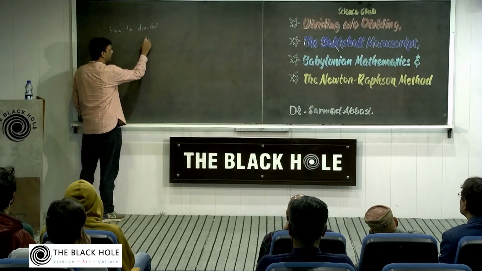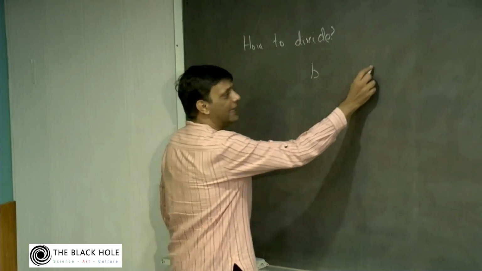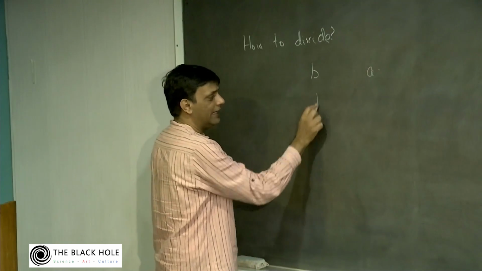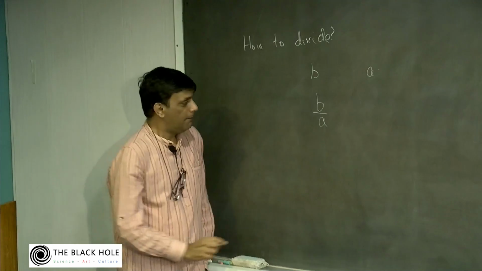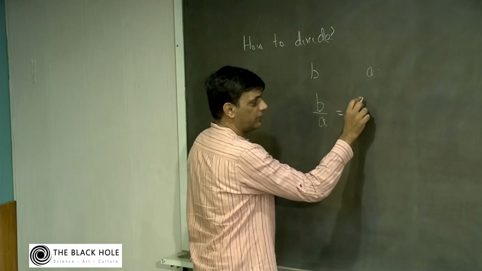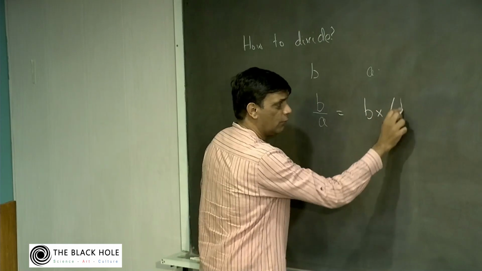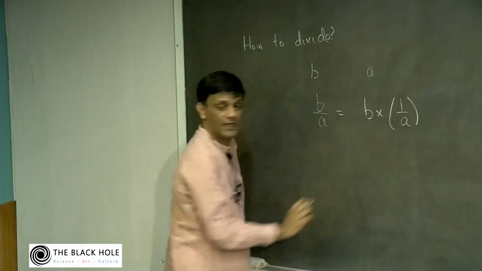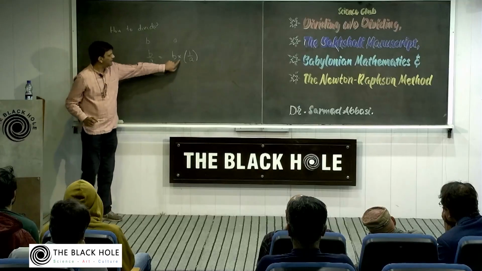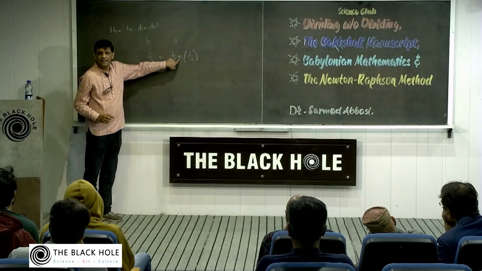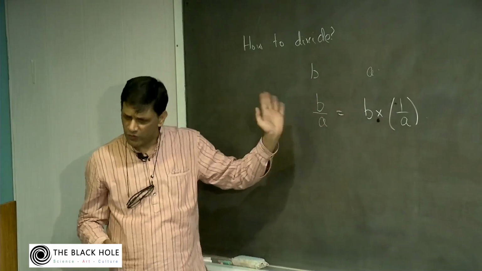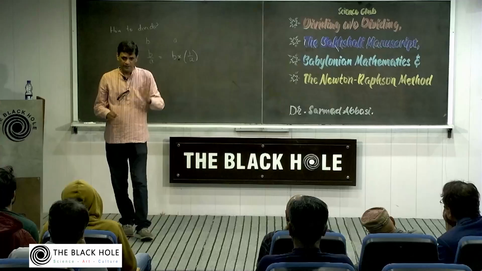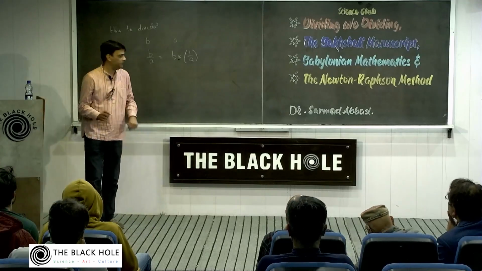You're given two numbers, let's say B and A, and you want to calculate B over A, right? Okay, but B over A is just B times 1 over A, okay? So now if you know how to multiply, right, then all you need to do is to find the multiplicative inverse of A. So, without loss of generality, you can assume that B is 1, okay?